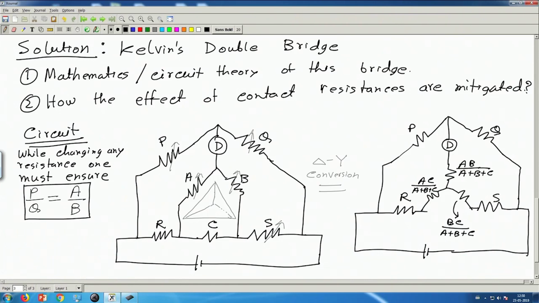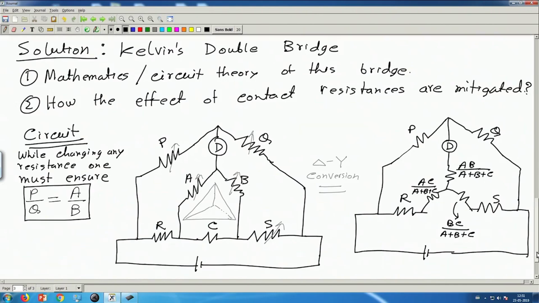So, if you change P, at the same time you have to change A, so that P by Q is A by B, or if you change Q, you may change B, so that P by Q is once again A by B. You cannot change only P or only Q without changing A and B. You have to change these together. Okay. So, this is what you have to maintain while using this bridge. So, this is a condition that must be satisfied, that must be maintained.